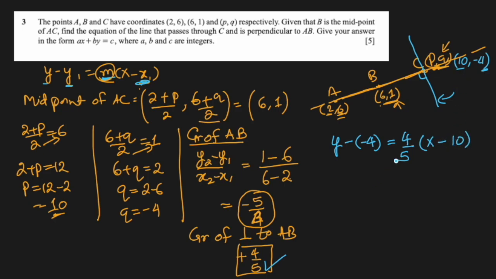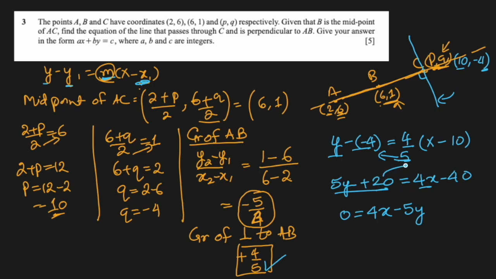That's it. And to get rid of this 5, we'll cross multiply it here. So 5 times y will be 5y. 5 times positive 4 is plus 20, equal to 4 times x minus 40. So let's bring these two also to the other side because I want x to be positive. So 0 equal to 4x, 5y will become negative, plus 20, okay, this goes there, becomes negative 20.